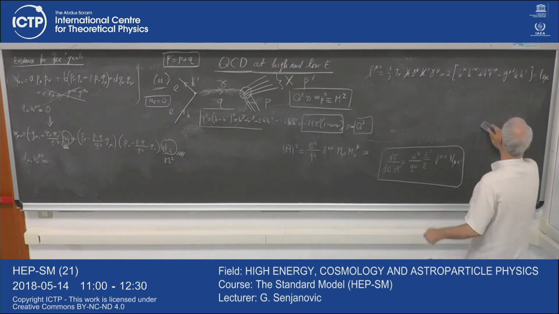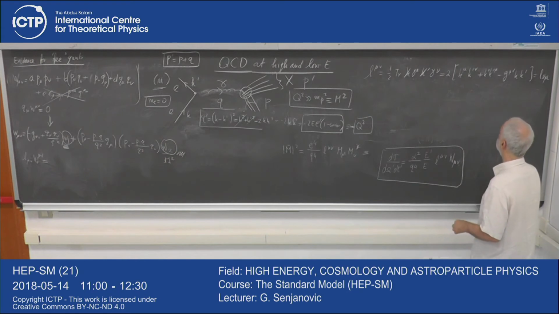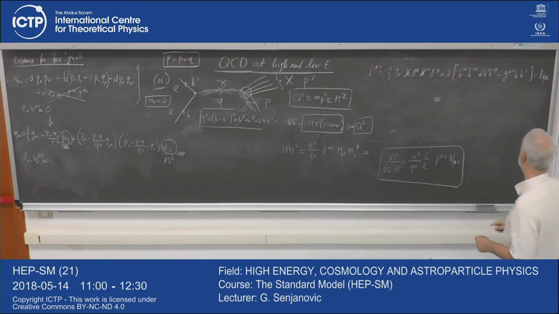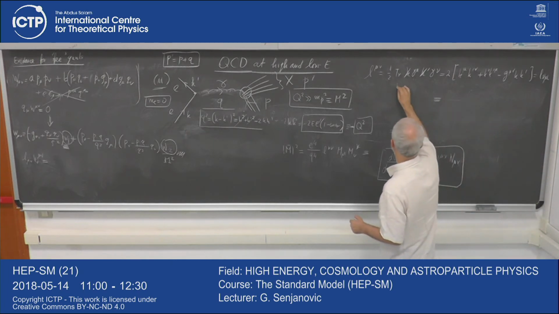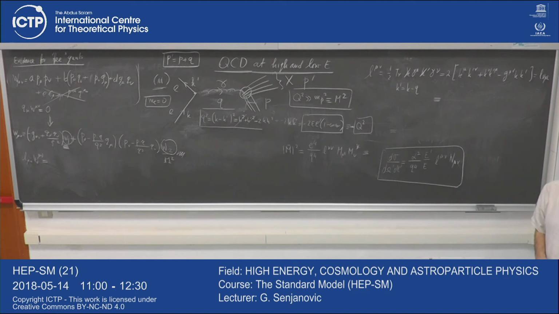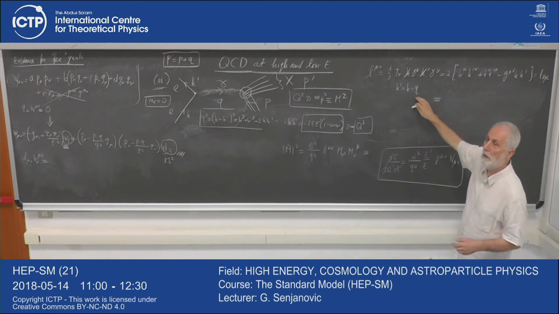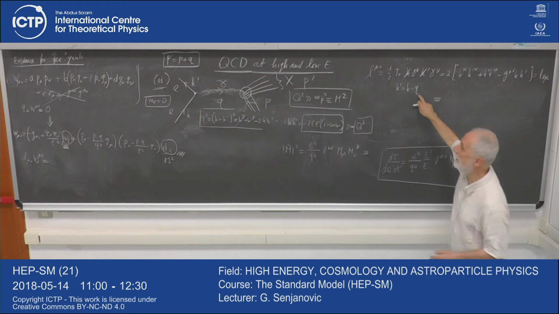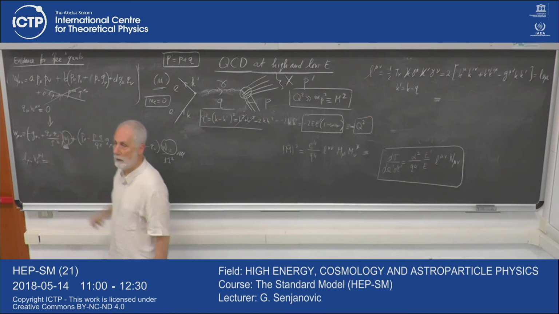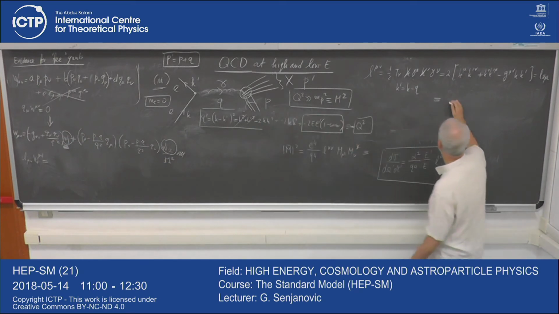Notice that L mu nu, notice that K prime is K minus Q. That's the definition of Q. But Q acting on W gives me 0. So I can drop it. So at least I can write this a little more elegantly.